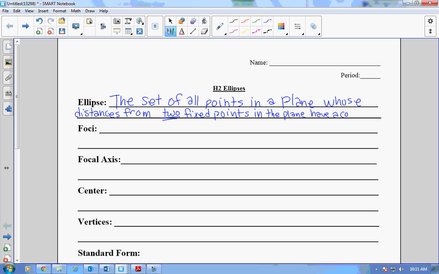Okay, we're just going to go down through and write all this vocabulary out, and then we'll draw pictures to talk about what this means.